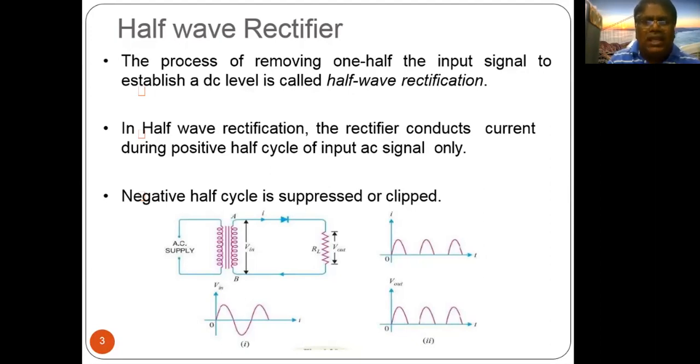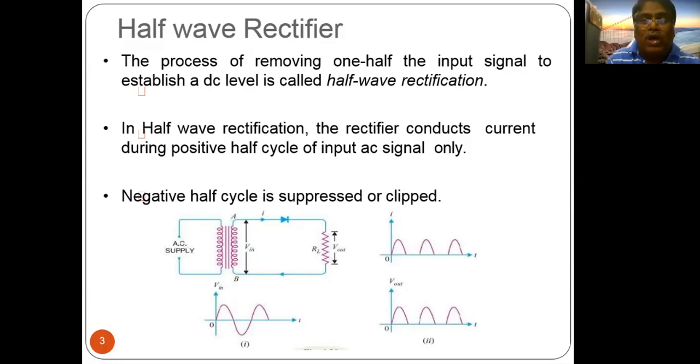Okay, so how does the half-wave rectifier work? The AC signal means the input signal. A sinusoidal signal is applied to the input side of the half-wave rectifier. Whenever we apply the sinusoidal signal, you will get only the positive half cycle.